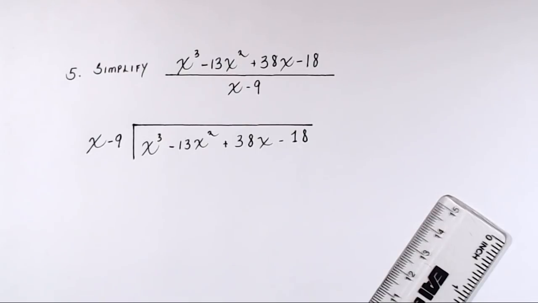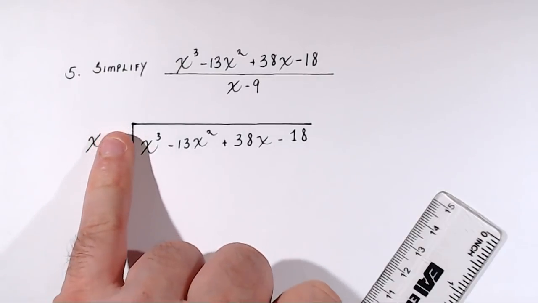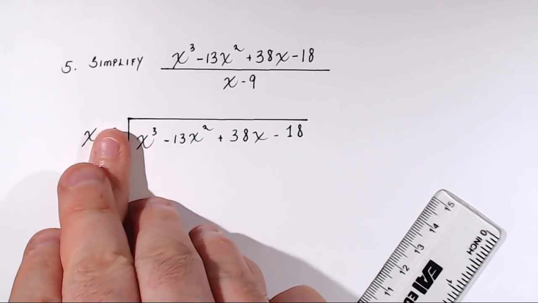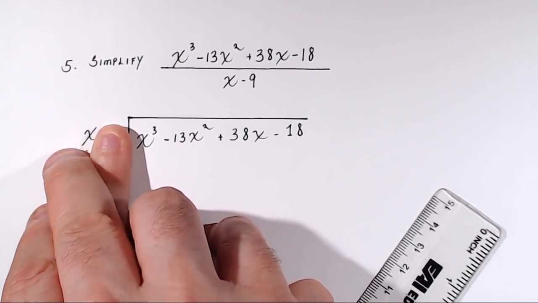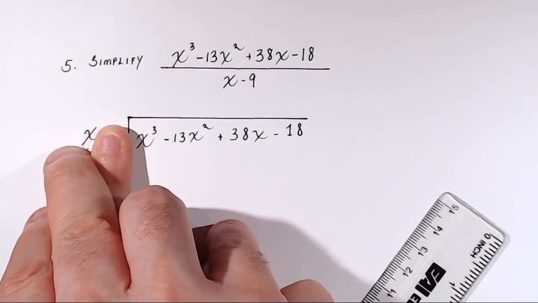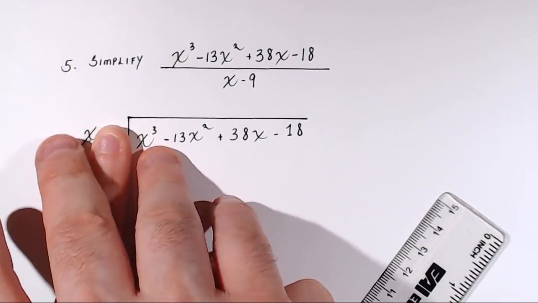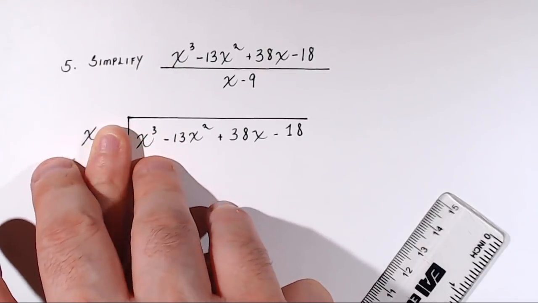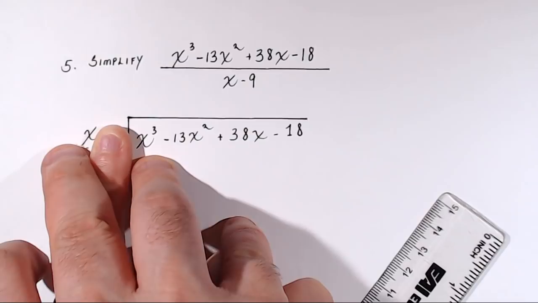Okay? Now here's the process you have to follow. I tell my students, cover up that term, the minus 9, and just look at the x. I have to ask myself the following question. What would I need to multiply by x to equal x cubed? You're looking at these two terms right here. X times what equals x cubed? And the answer is x squared.